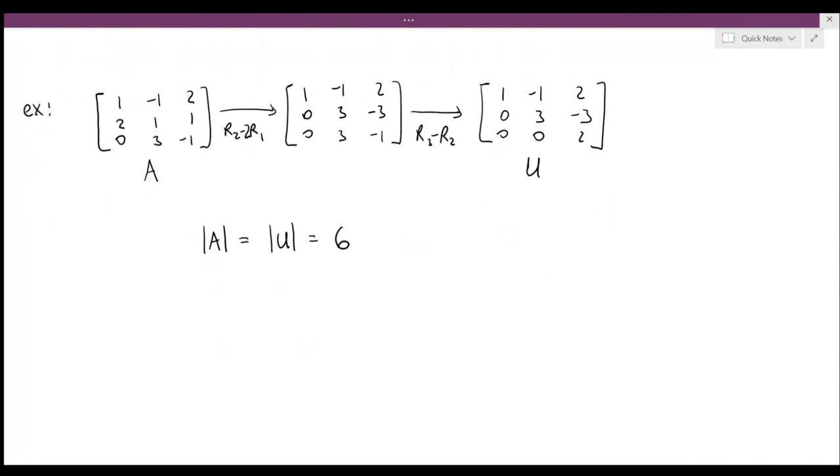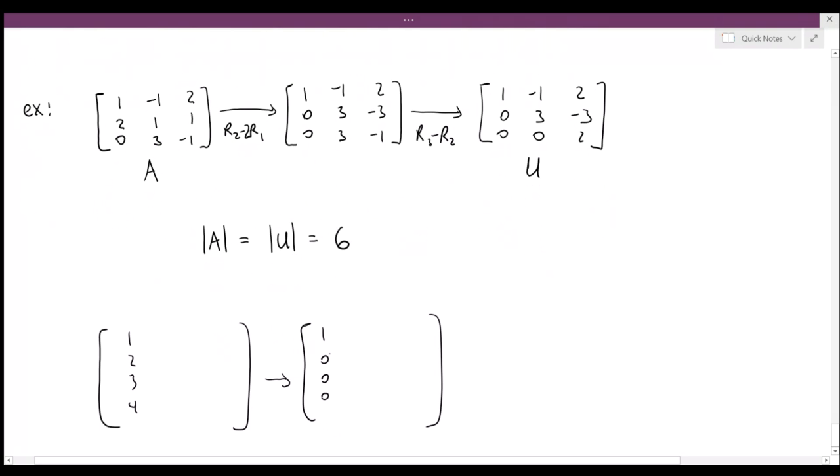Something that you can also do is, if you just do enough row operations to get zeros in the first column like this, for instance, once you have enough zeros, you can then start the determinant by doing cofactor expansion along the first column.